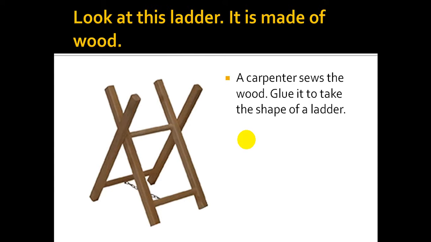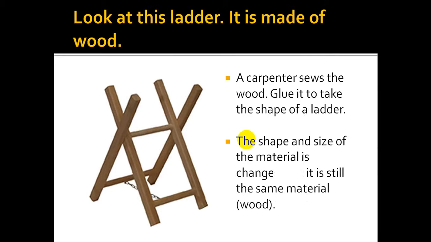When a carpenter saws the wood and starts to glue it to take the shape of the ladder, what happens here? The shape and size of the material of the wood is changed, but it's still the same material. When you look at the final product, you will recognize it's wood. So this is a physical change, but some physical properties like shape and color and even size changed.